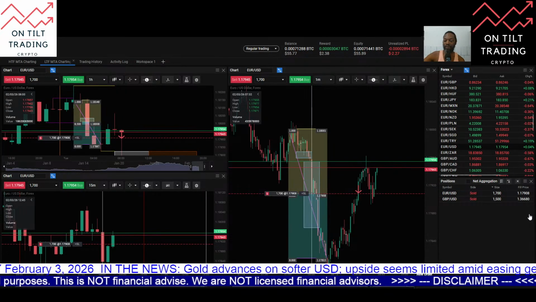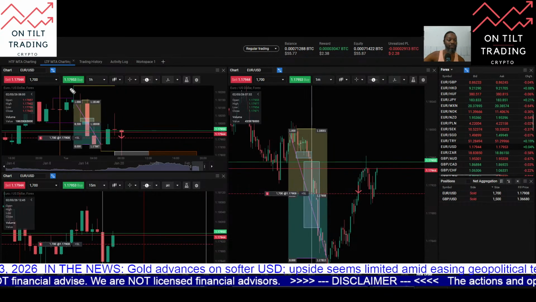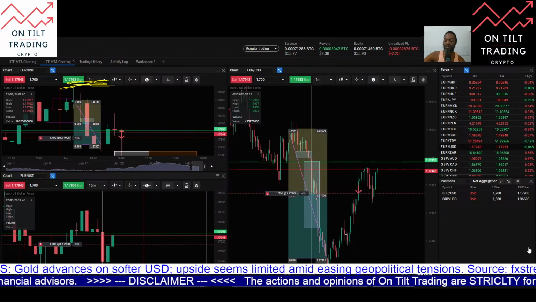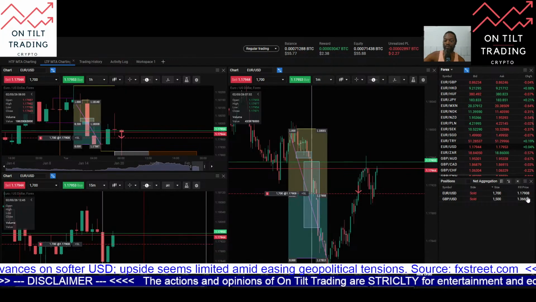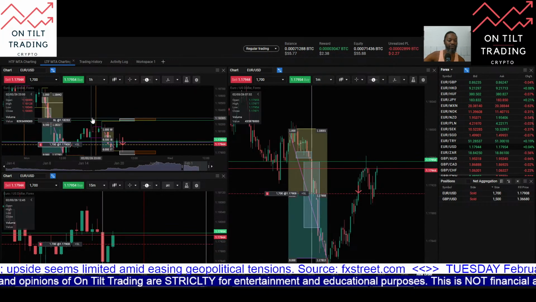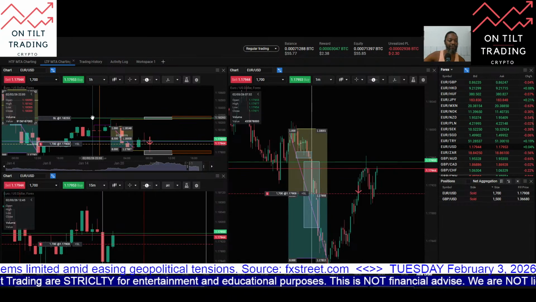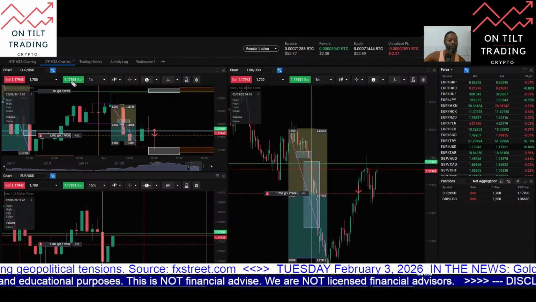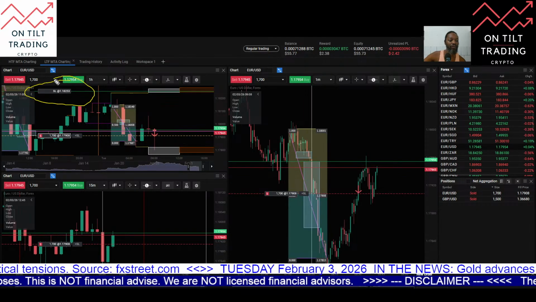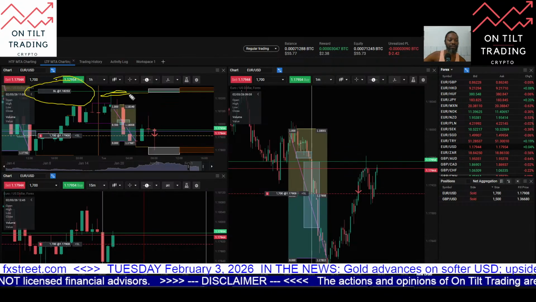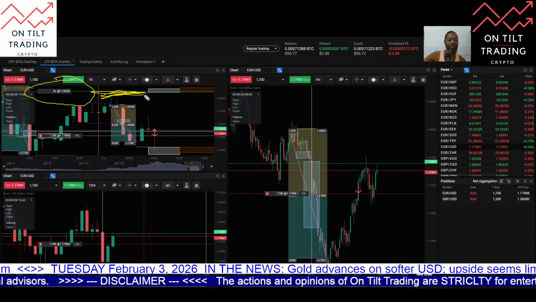So my stop loss on this trade is back here. So I'm not concerned about this pullback, or at least not now. Here you can see my stop loss. Stop loss is back here at 1.18253, which is covering the distance of the spread from this London high.